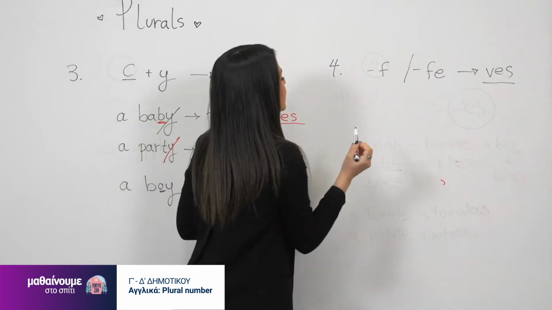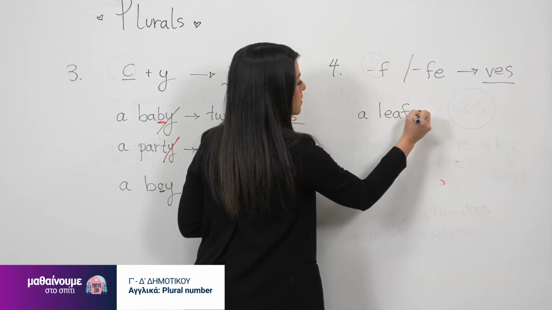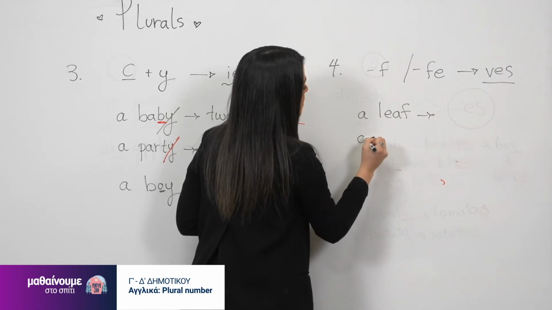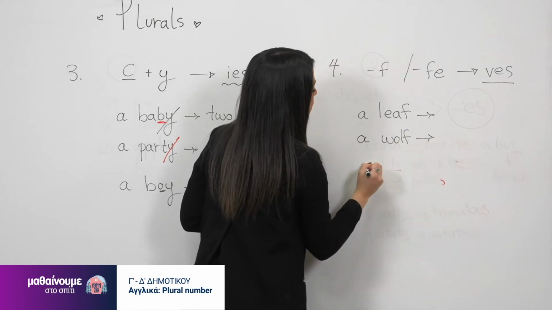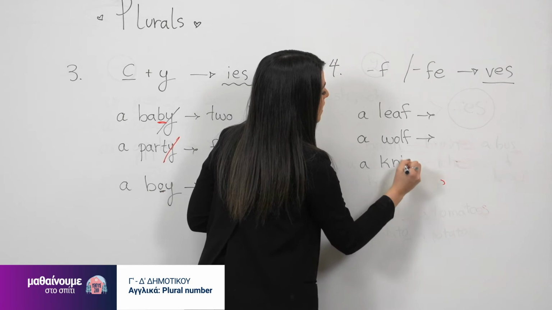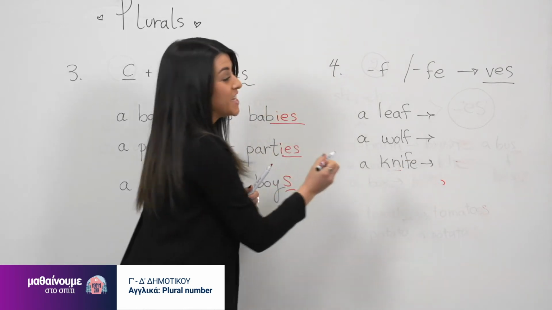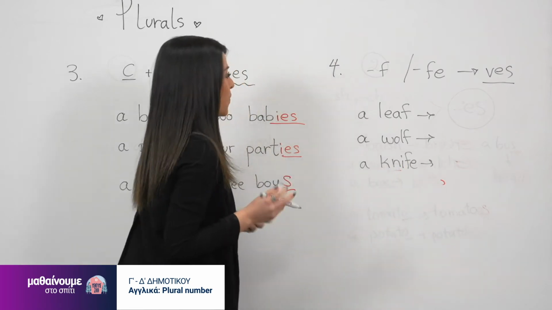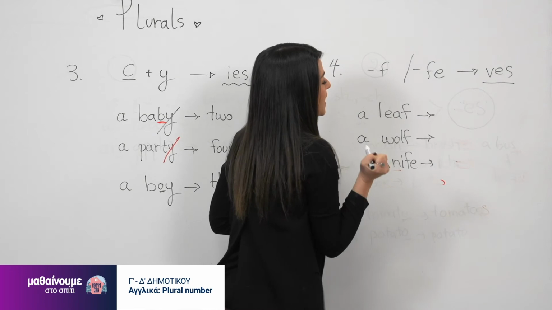For example, let's say a leaf, ένα φύλλο, okay? Or a wolf, ένας λύκος. Or a knife, ένα μαχαίρι. Remember here, we don't pronounce the K, it's knife, not knife. So what happens here? We take out the F again and we put VES.